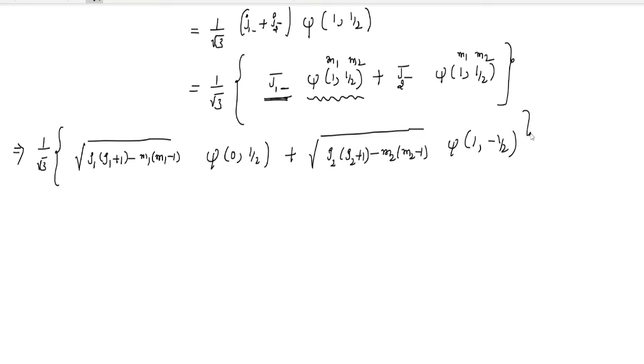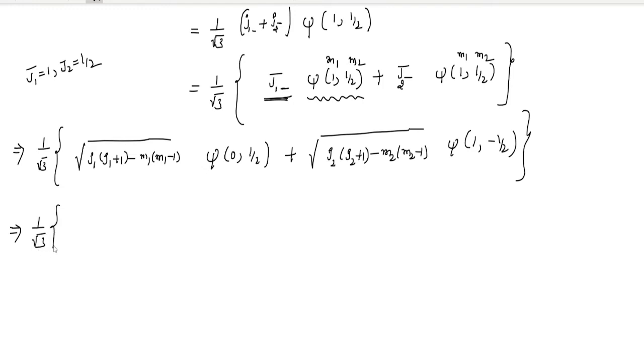Okay. So here, what is J1? From the given problem, J1 is equal to 1, J2 is equal to 1 divided by 2. M1 here, in this state, M1 is 1, and M2 is 1 divided by 2. You need to be careful here, so apply all these M1 and M2 values.